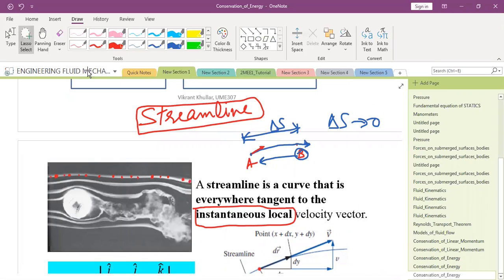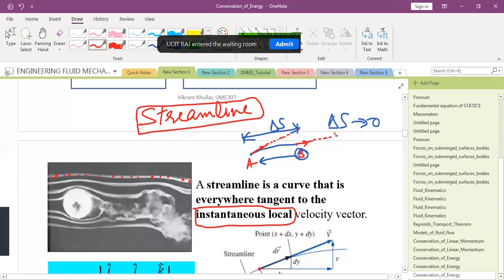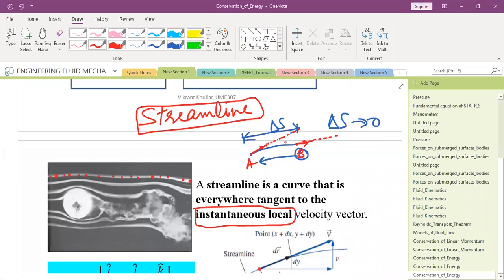Anyone? What will happen to these two velocity vectors? These are velocity vectors at two different points along the streamline. Now this is the velocity vector direction at point A and this was the velocity vector at point B. So do they have some angle between each other?